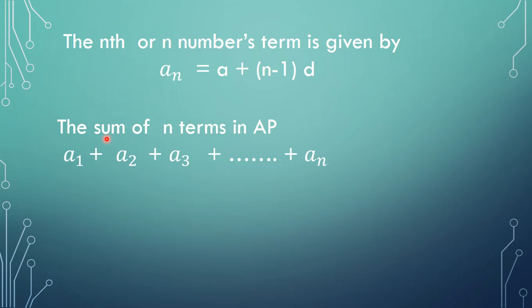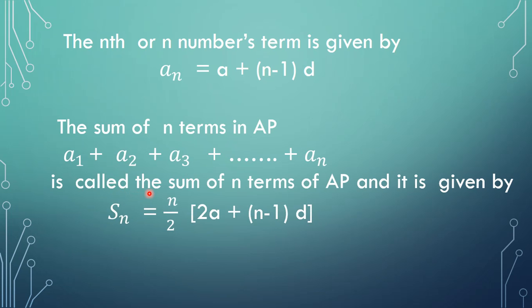Similarly, when we have to find the sum of the numbers given in AP, so what we will do? We will do first term plus second term plus third term plus up to the last term. Okay. So this sum is called the sum of n terms of an AP.